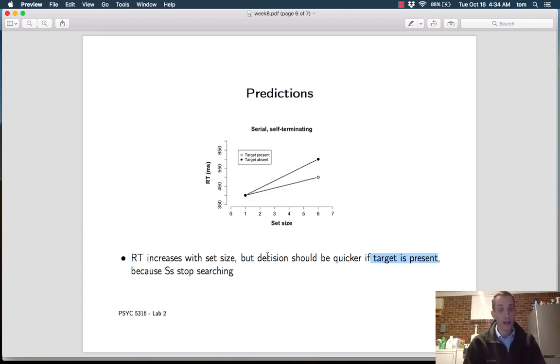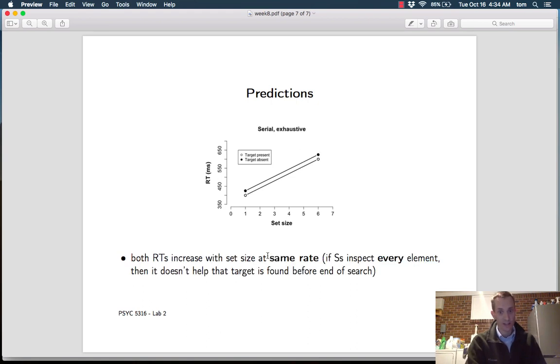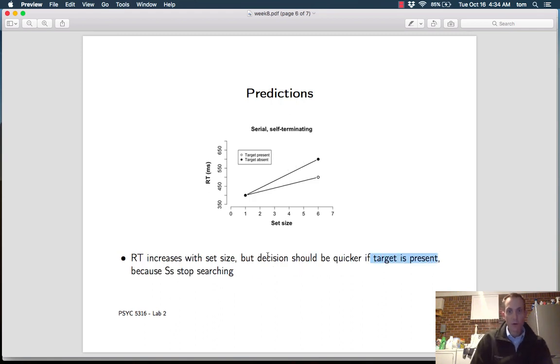Once it's increasing, you have to decide whether it is serial self-terminating or serial exhaustive. And the signature is the slope of the line connecting the target present and target absent conditions.